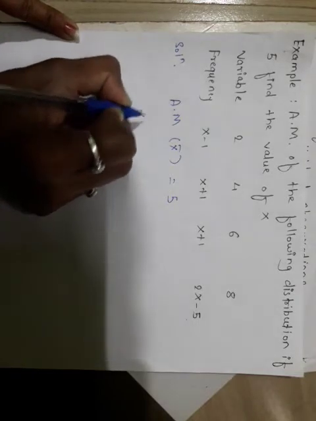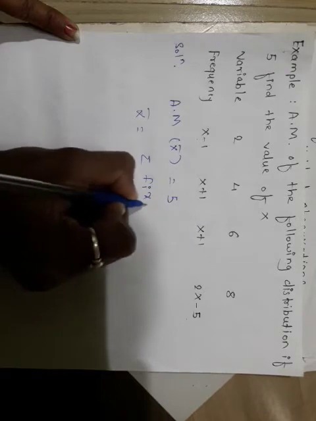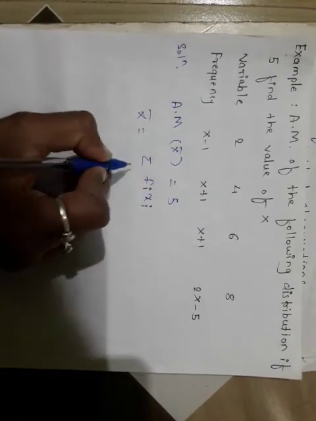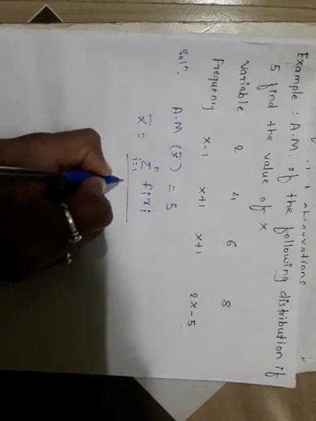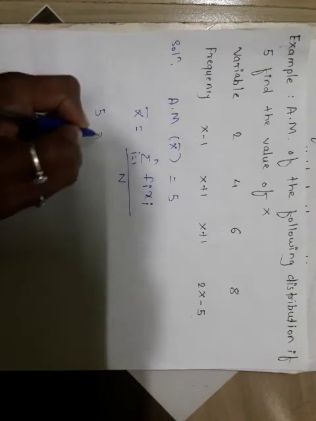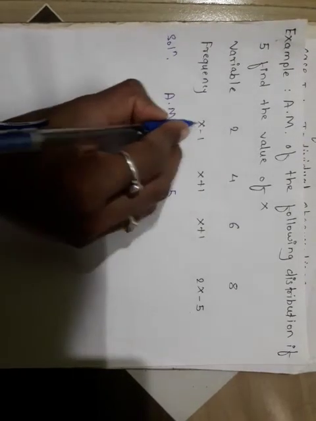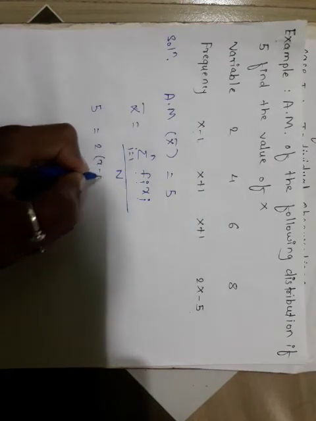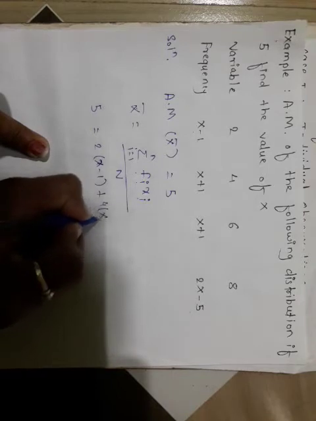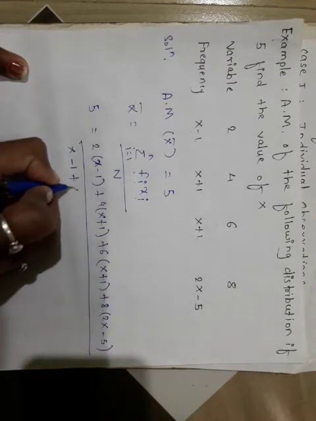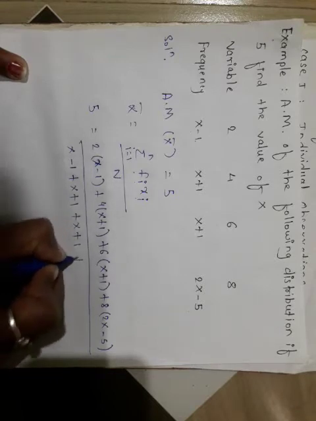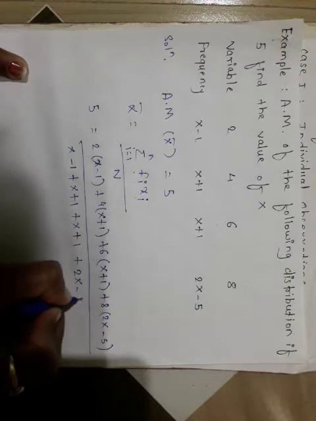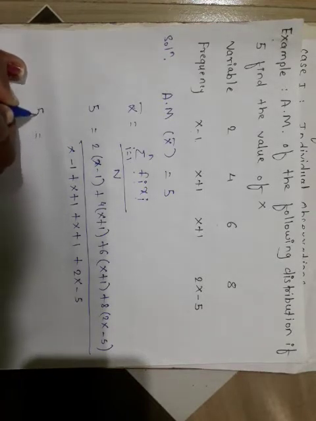Next, we know that x bar is equal to the summation of fi xi, i running from 1 to n, divided by capital N. X bar is 5, which is equal to the summation of fi xi, that is 2 into x minus 1 plus 4 into x plus 1 plus 6 into x plus 1 plus 8 into 2x minus 5, divided by the sum of the frequencies: x minus 1 plus x plus 1 plus x plus 1 plus 2x minus 5, which is equal to 5.